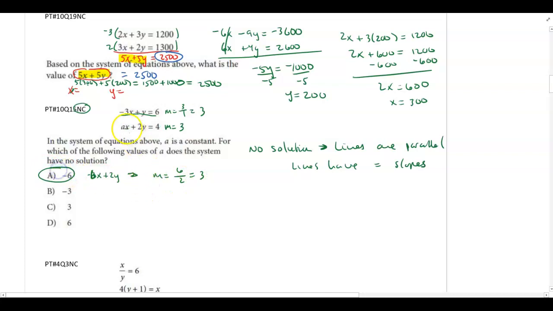So letter A, -6, is the value of A that would make this line have a slope of 3. If I use the other ones, you'll see the opposite of 3 is +3 over 2. That is not good, right? And then none of these would work.